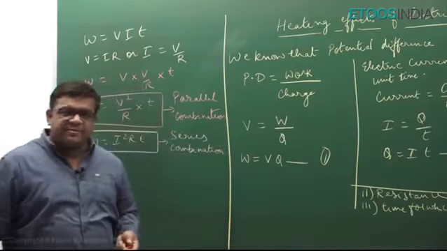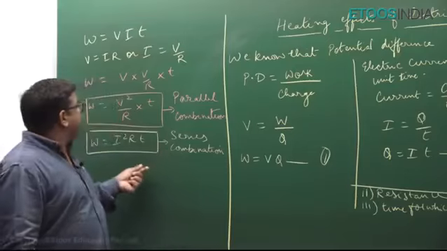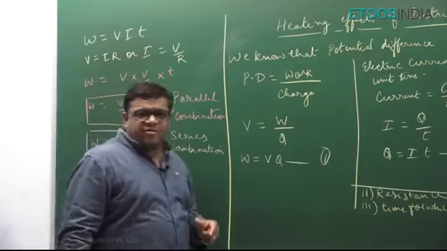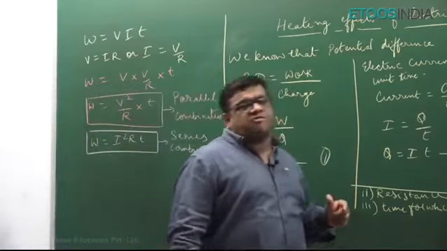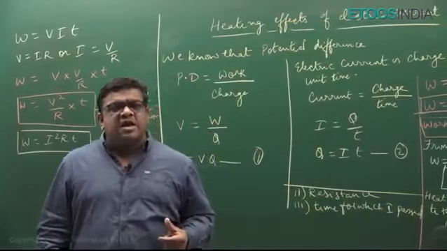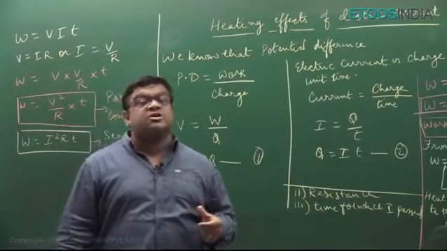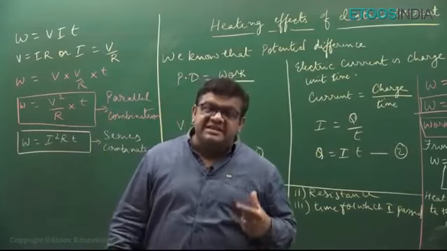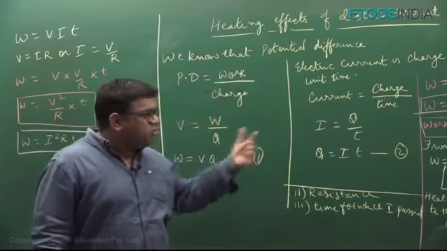Am I clear? Got it? So now we have three formulas of work done or heat dissipated or energy consumed, and depending on the given things in a question, we can easily find which to use.